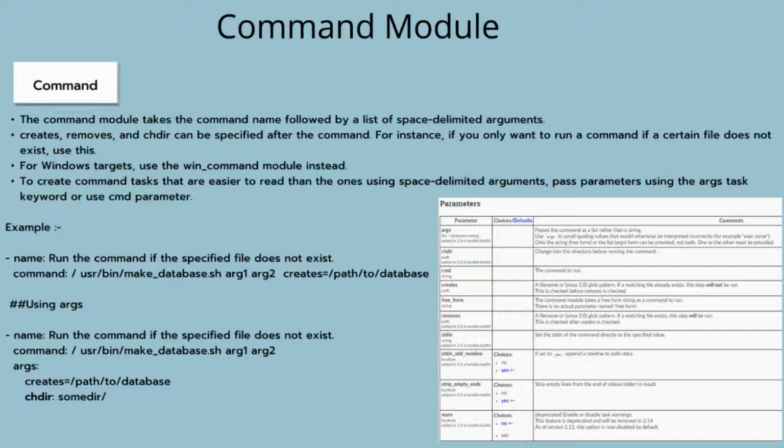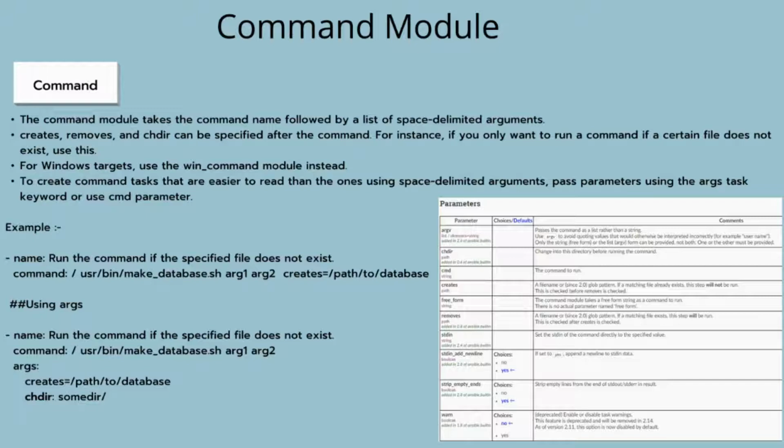So the example of the command can be simple. The command module followed by the command you want, and then as I mentioned, it can be followed by the arguments, which in this case is creating the path to the database. On the right hand side, you will see the list of parameters which command can take.